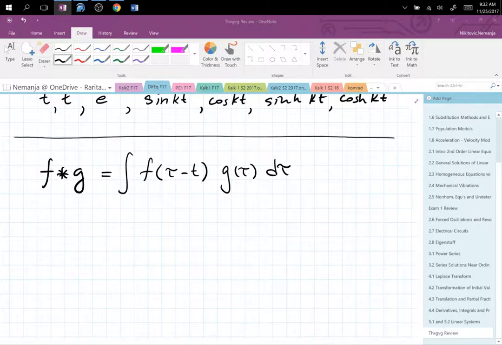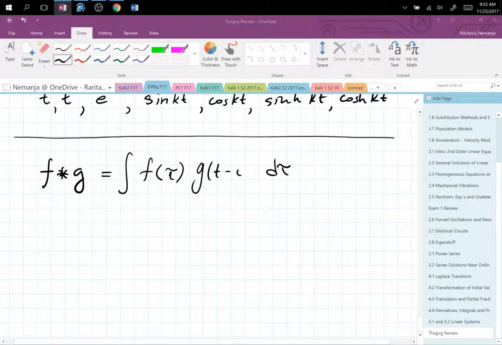It's f of t, g of t. You can put it on either one. F of tau, g of t minus tau. This is the way your book has it.